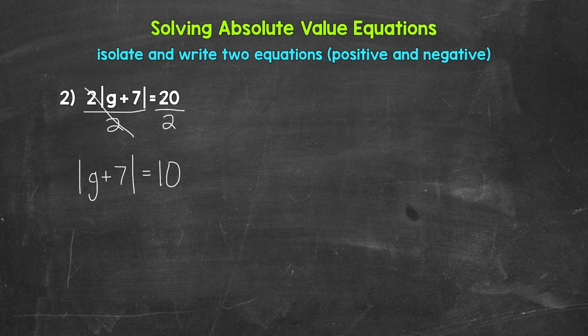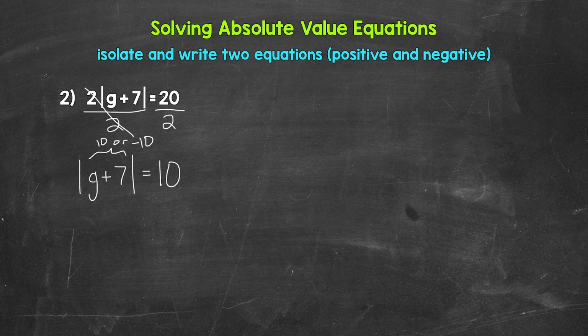The absolute value is now isolated. And now that it is isolated, we know that the absolute value of g plus 7 has to equal 10. This gives us two options, two solutions. G plus 7 can either equal 10 or negative 10 because the absolute value of 10 is 10 and the absolute value of negative 10 is 10.